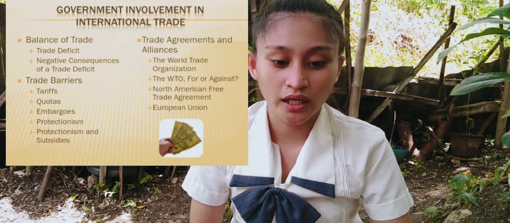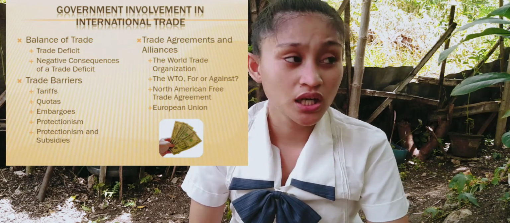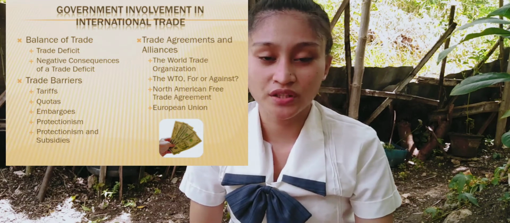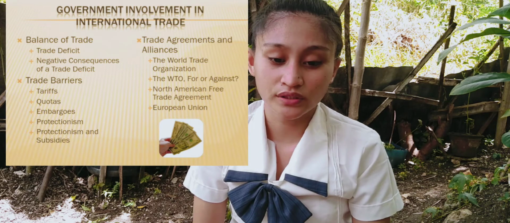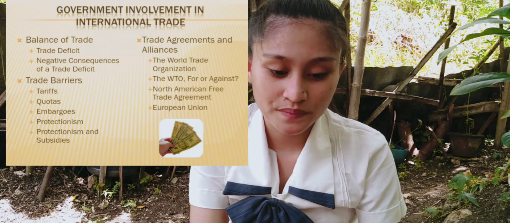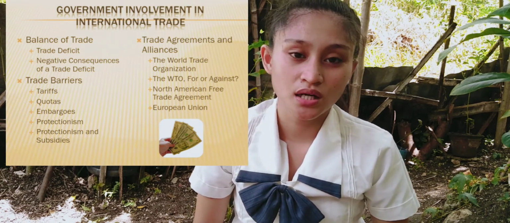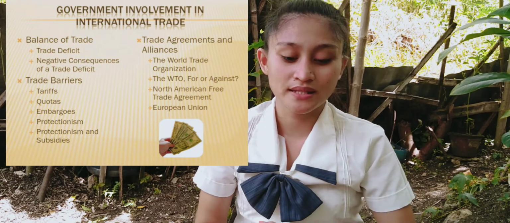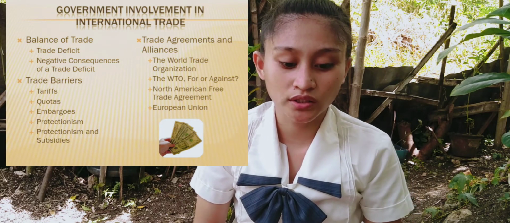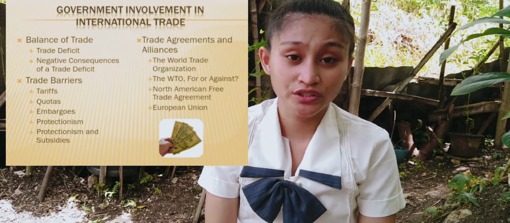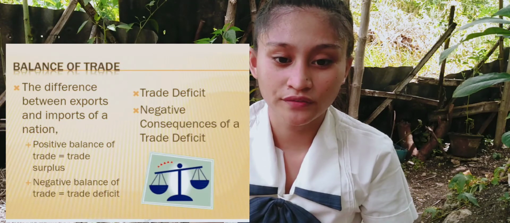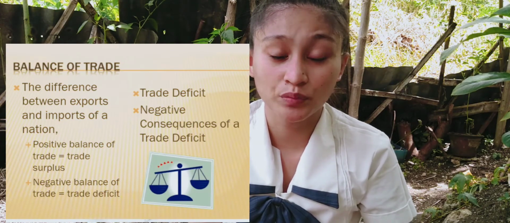Government involvement in international trade includes the balance of trade, which covers the trade deficit and the negative consequences of a trade deficit, and the trade barriers, which include tariffs, quotas, embargoes, protectionism and subsidies. The trade agreements and alliances include the World Trade Organization, the North American Free Trade Agreement, and the European Union.